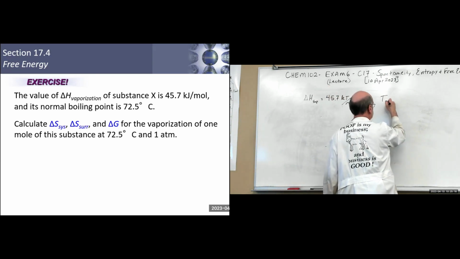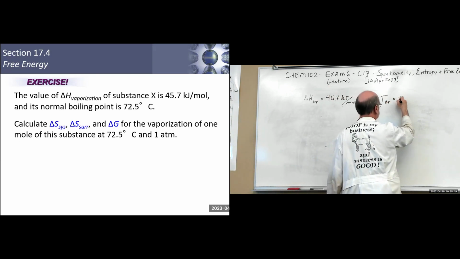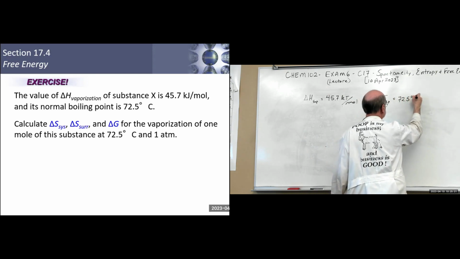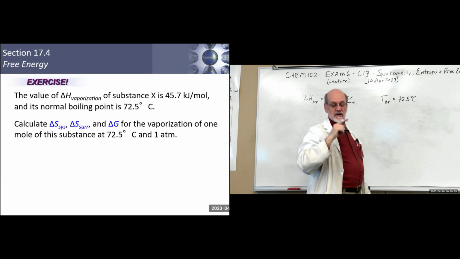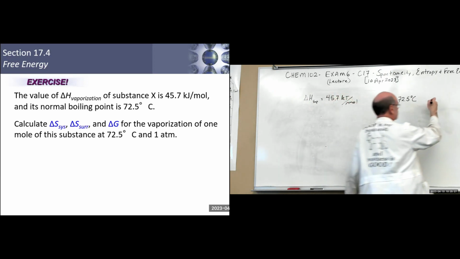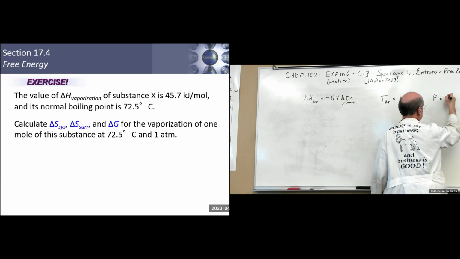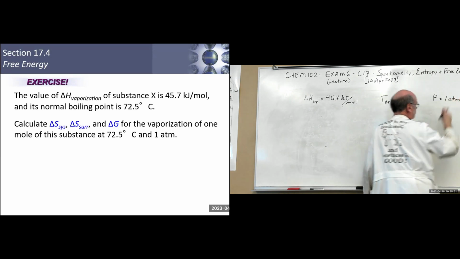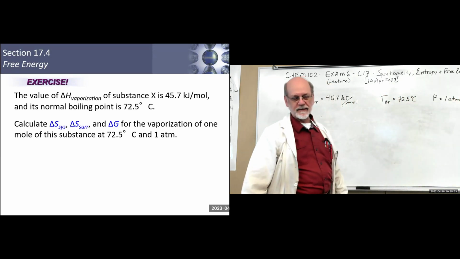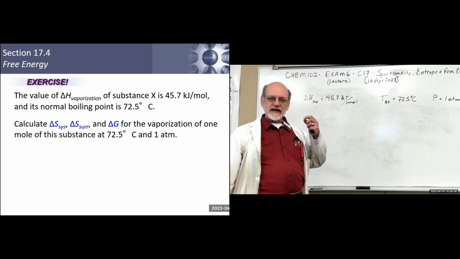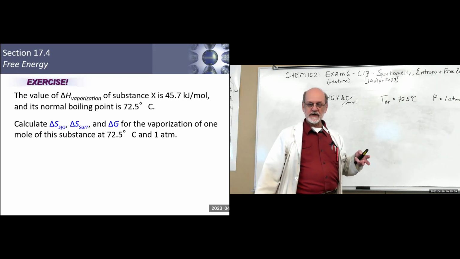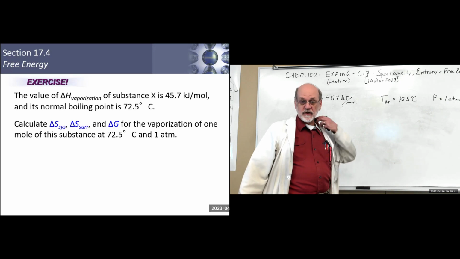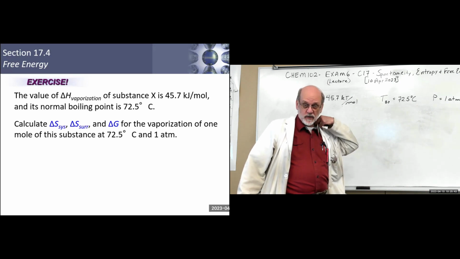So the boiling point temperature equals 72.5 degrees C. And it says the normal boiling point. Normal means 1 atmosphere pressure. So pressure equals 1 atmosphere. Those are all given facts. Calculate the delta S for the system, for the surroundings, and delta G for the vaporization of 1 mole of the substance at 72.5 degrees and 1 atmosphere.